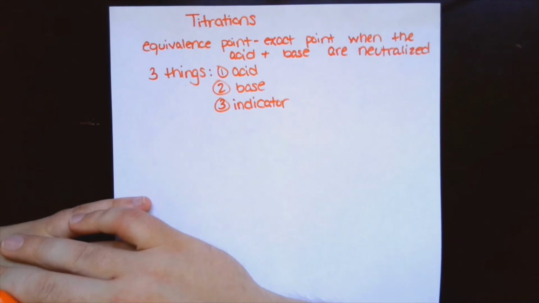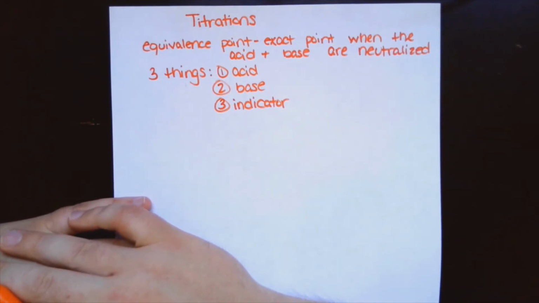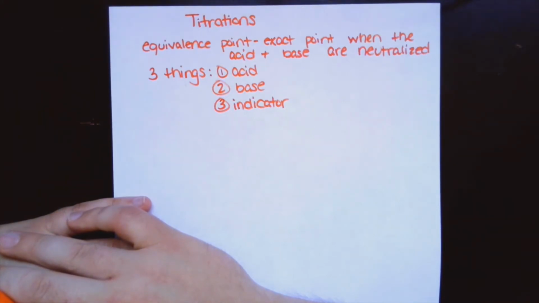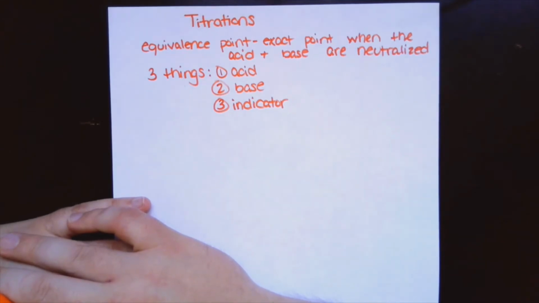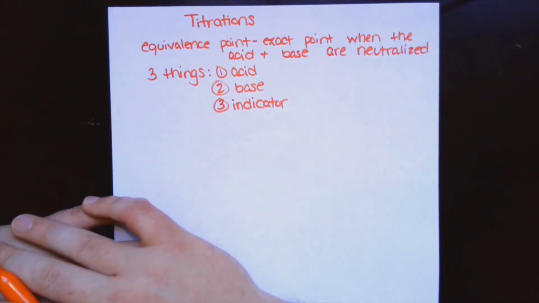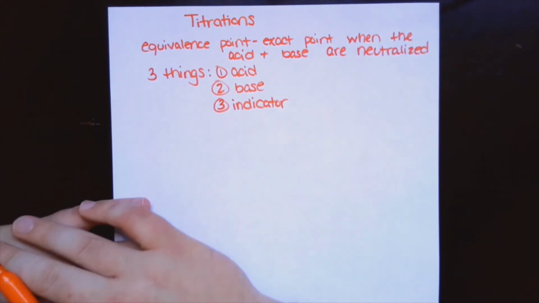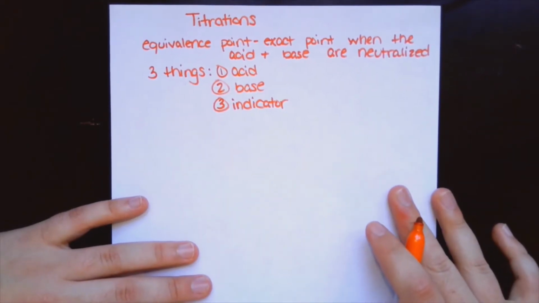So if you're going from an acidic pH, as soon as you see some pink forming and staying there, that's when you have a neutralized reaction mixture.